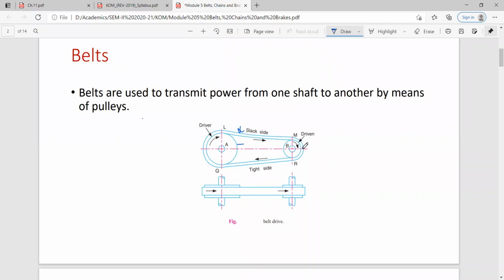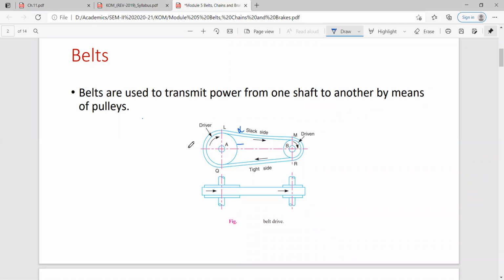The belt will be at some other speed, but the speed of the driven pulley will be less than the belt speed. And on the driving side, the speed of the driver pulley will be more and the speed of the belt will be less because of slipping, because of reduced friction. So these are some disadvantages associated with belts.